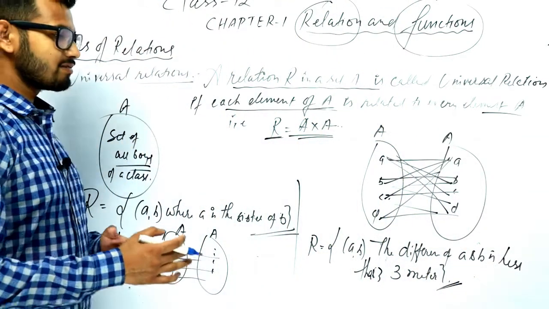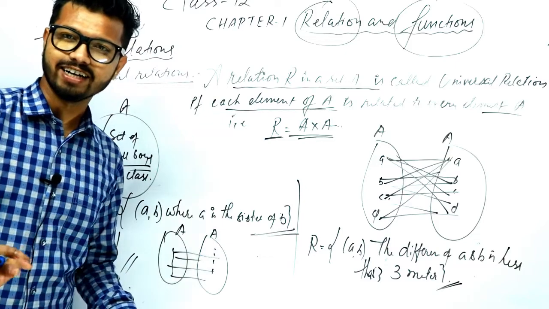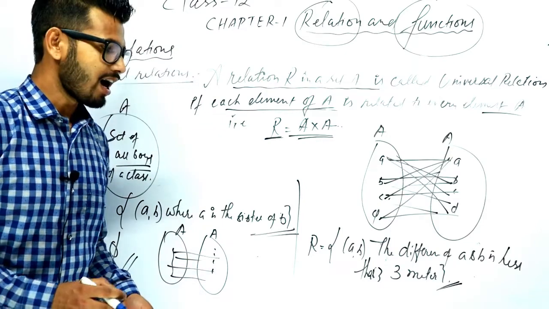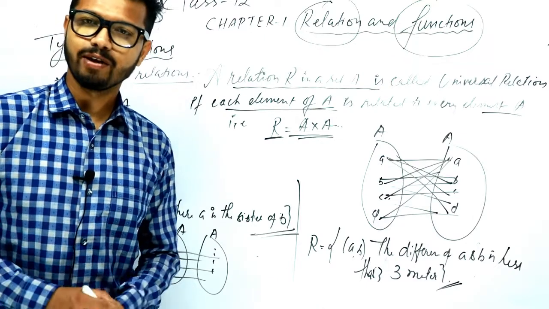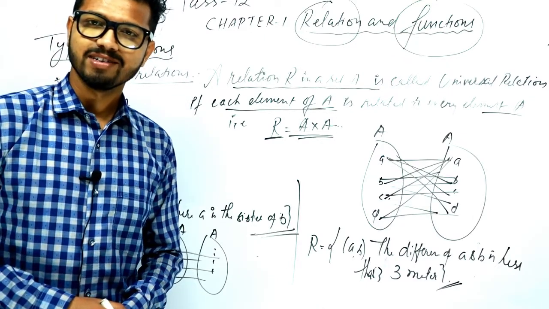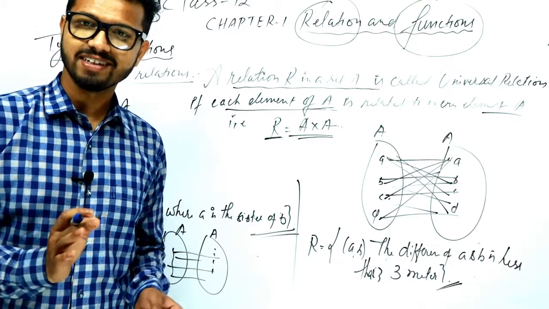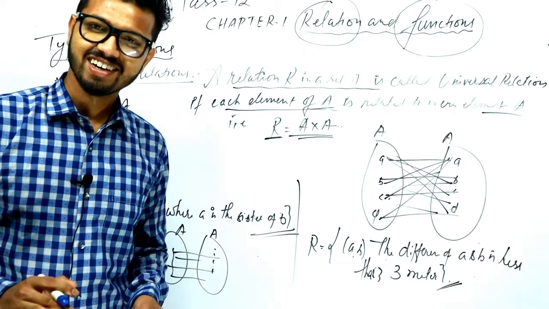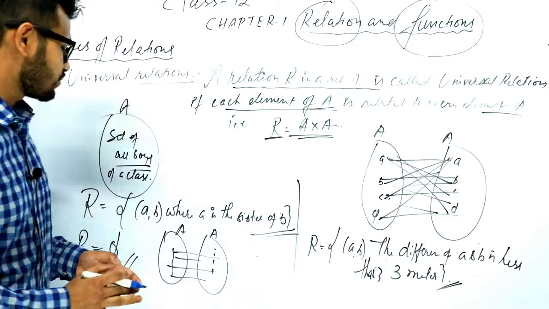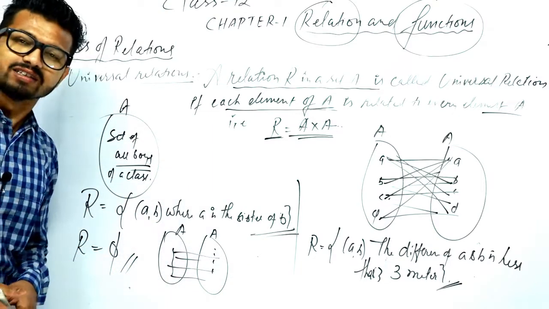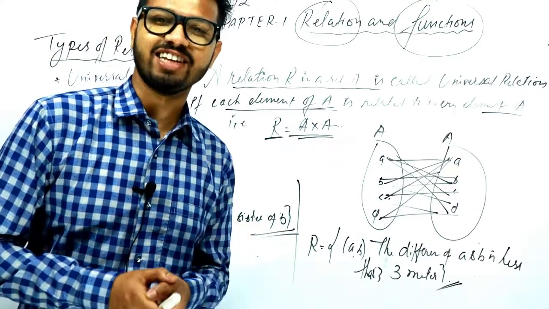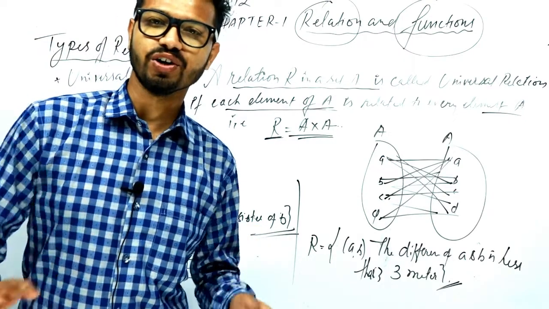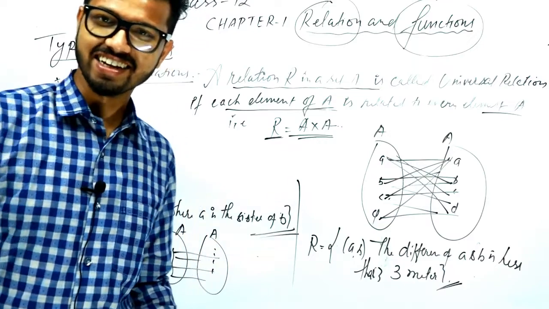If I subtract the heights of any two individual candidates of the class, I will definitely obtain less than 3 meters only. Have you seen any person more than 3 meters? So when you subtract the heights of any two individuals, it will definitely be less than 3 meters. That is sure, compulsory, certain.